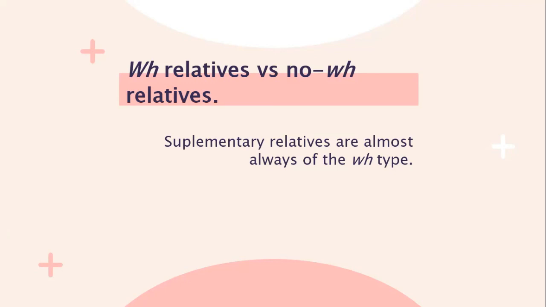Supplementary relatives are almost always of the WH type, but the bare construction is not allowed at all in supplementary relatives, and such constructions are extremely rare and really only marginally present in standard English.